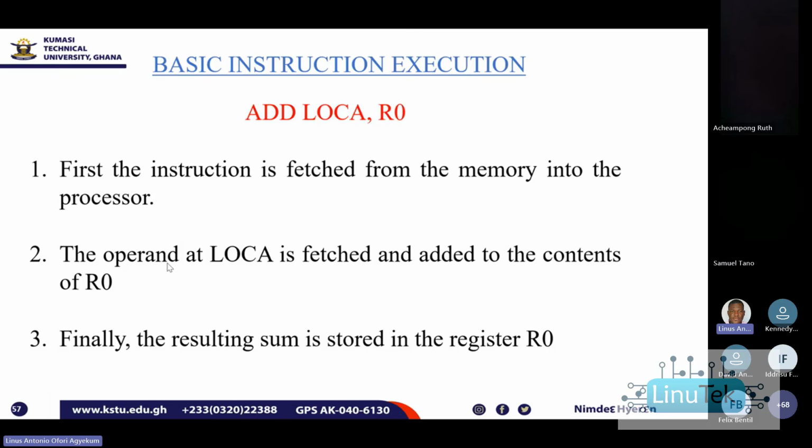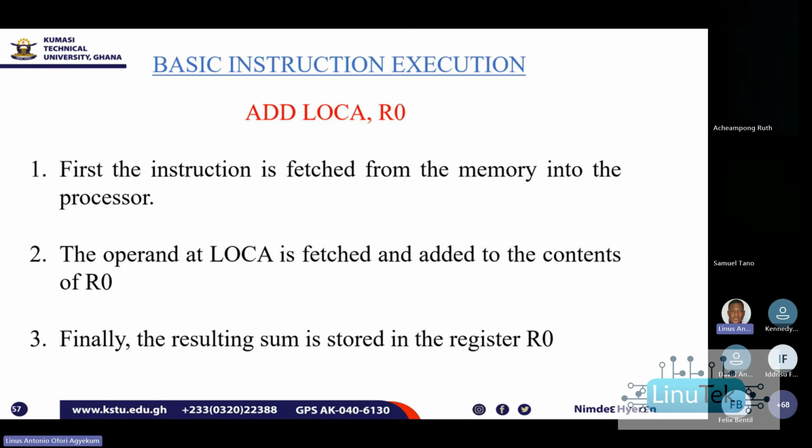So I was just explaining there are concepts you need to understand, like execution of instructions, how an instruction is executed. This assembly language is just used as an example to explain how an instruction is executed. Here, add location A, comma R0.